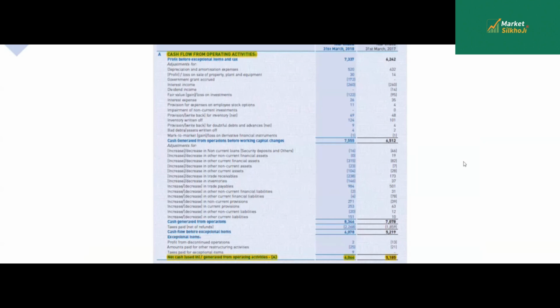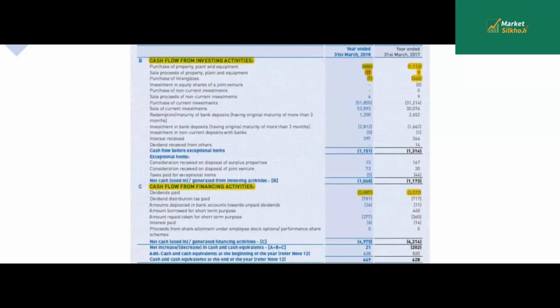What we want to know, whenever we are analyzing the cash flow statement, is whether the cash is coming into the business or going out of the business. That is basically cash flow analysis. So here you can see clearly the cash is coming into the business, which is a positive sign.